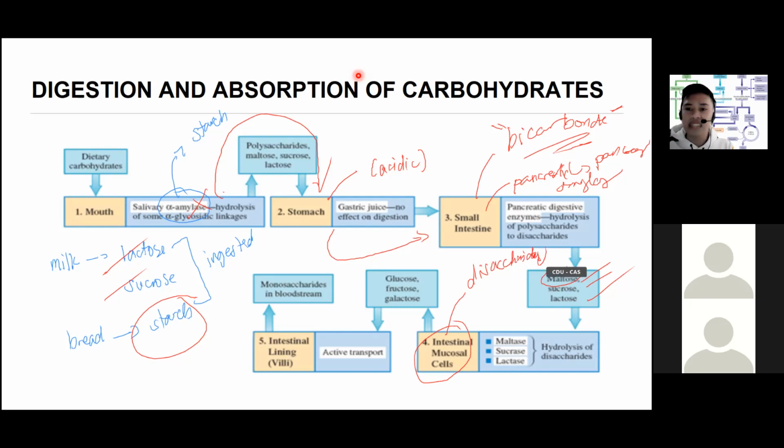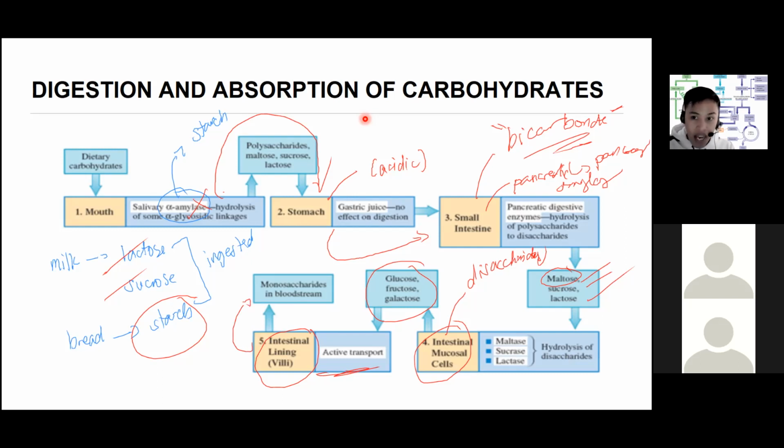The disaccharidase will break down your disaccharides into monosaccharides. Do you follow? Once the monosaccharides are produced, they are able to be absorbed in the villi through active transport. The villi will then transport the monosaccharides into the bloodstream.